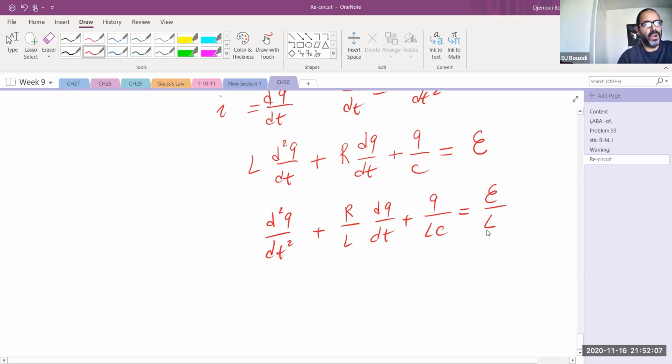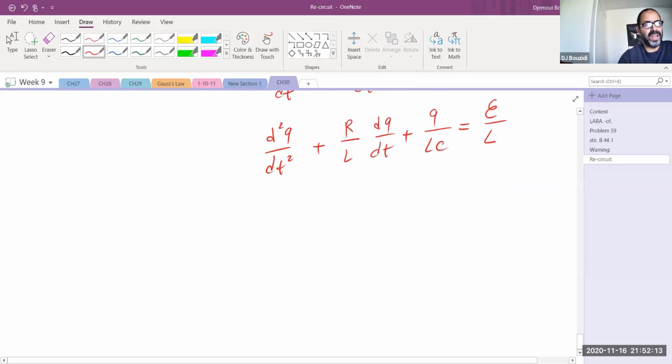Normally, at this point, we're going to define the following values. I'm going to define B as being R over 2L. You will see the reason why the 2 is there: it makes the quadratic expression a little bit easier to deal with. I'm going to define omega naught, now not omega, as 1 over the square root of LC, so that this expression will have an omega naught squared.